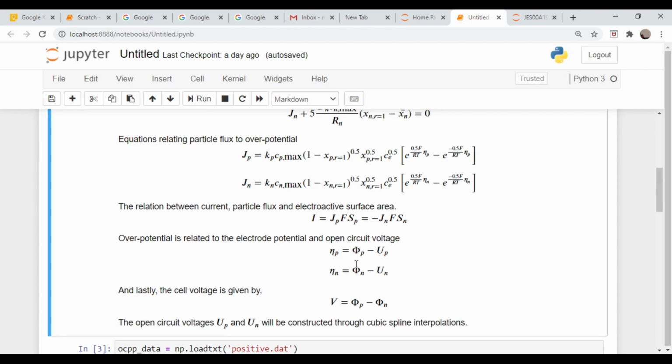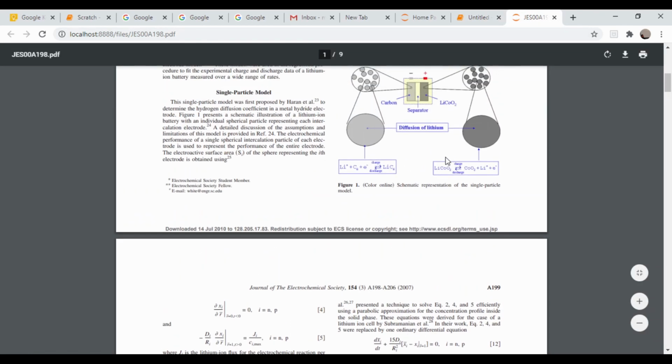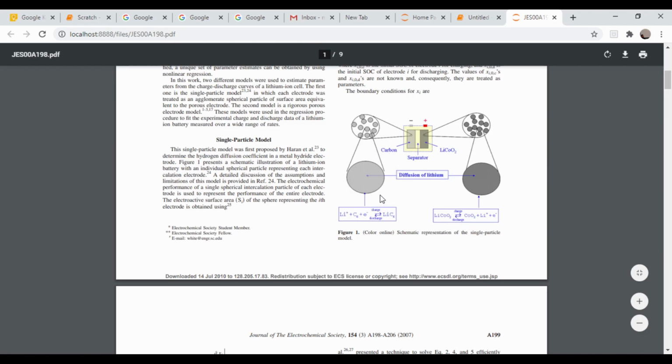The relationship between phi, the electrode potential, and the overpotential, they're related this way, where U is the open circuit potential. You can think of U, if you come back to this schematic, as the voltage of each individual electrode as a function of its lithium concentration, assuming there's no current or anything being applied.